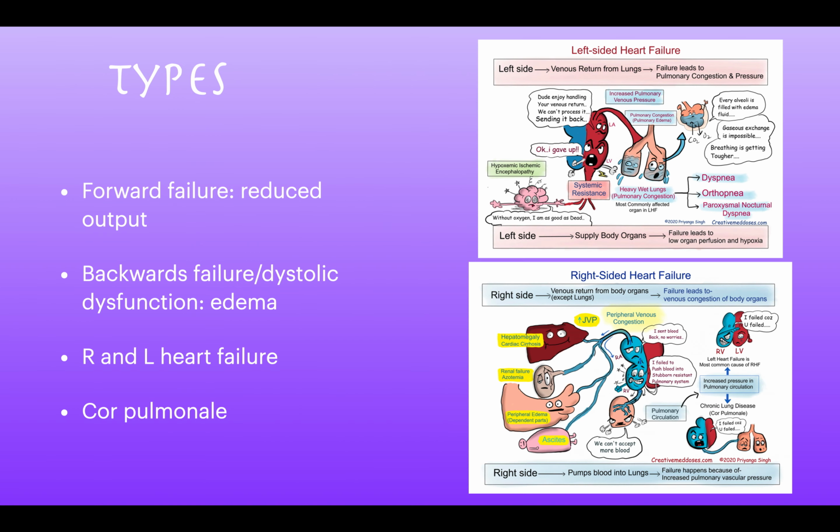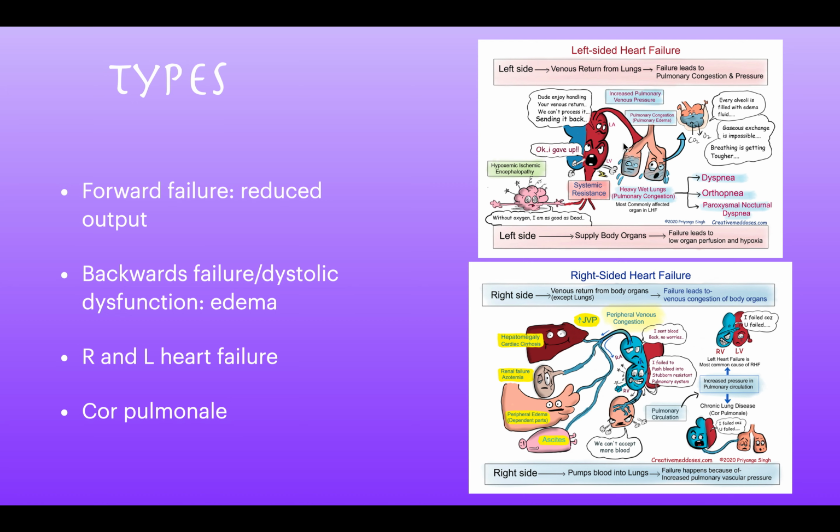Okay, so forward failure is going to be a reduced output, and there are two different types. The left side is going to be dilated because there's failure of the lungs. It's going to be cor pulmonale, that's what it's called.